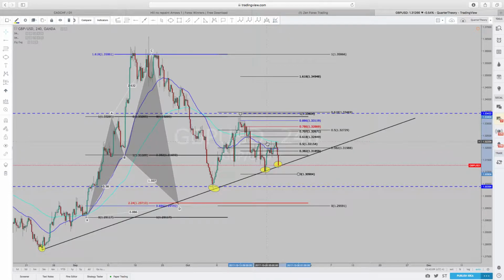We're looking at here, it already respected, already came back to retest here. We have 1, 2, 3 taps here. So rejection at this level, which is about the 50%.